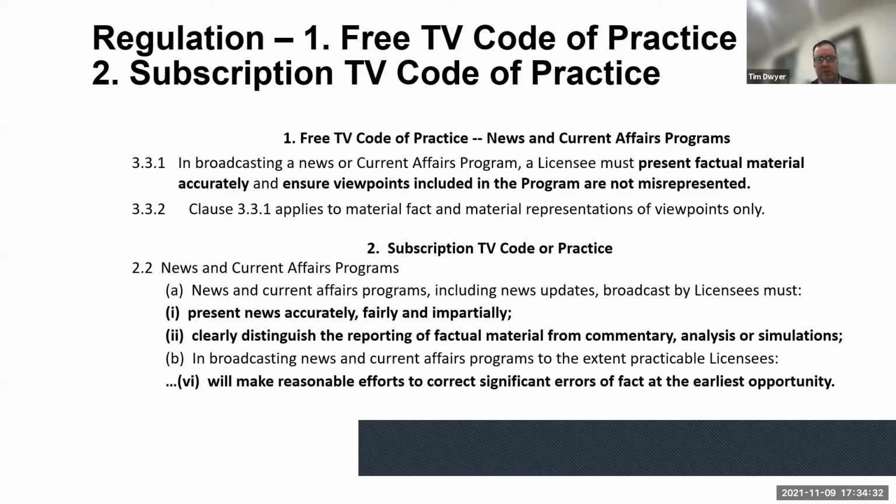Now, so that's similar to the free-to-air code above. You can also see that there is an added clause there, 2B6, which says licensees will make reasonable efforts to correct significant errors of fact at the earliest opportunity. Now, this kind of clause is holding licensees accountable to make corrections.